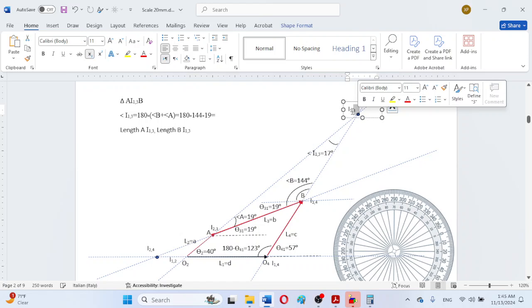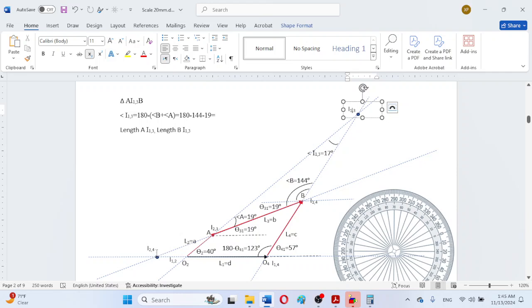Here it is mentioned that instant center I1,3 is the instant center of link number 1, which is the ground link, and link number 3. I2,4 is not the instant center for link number 3.